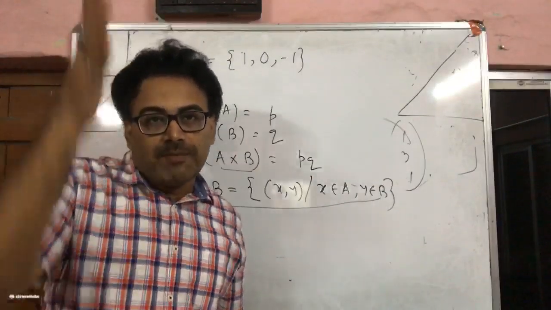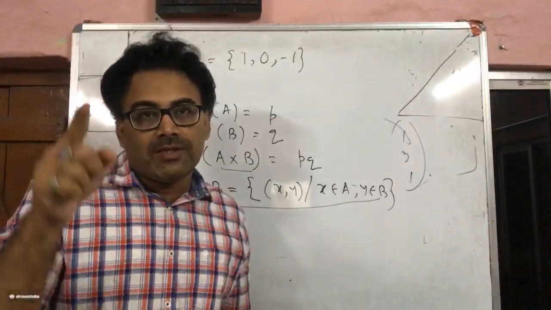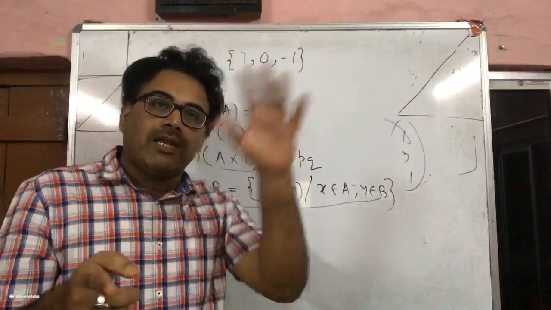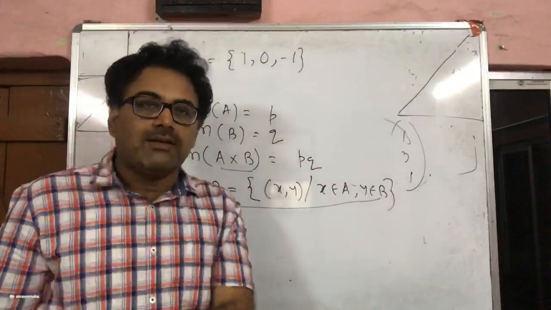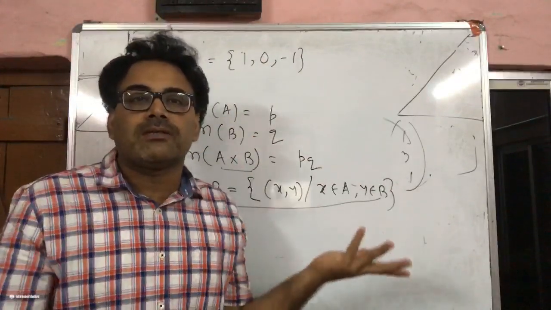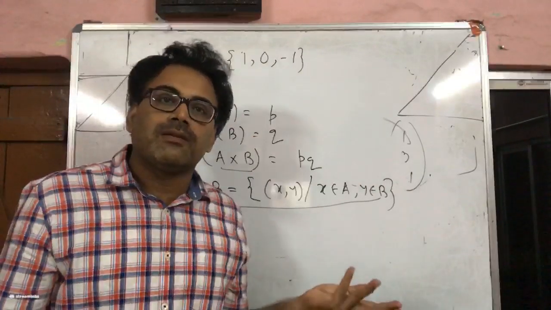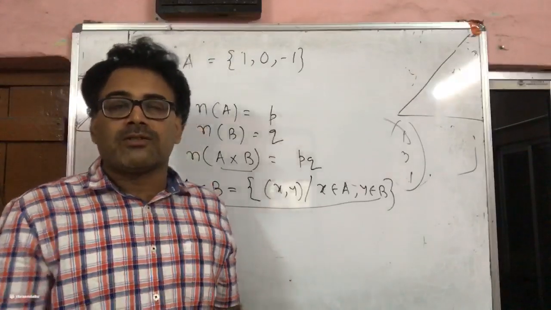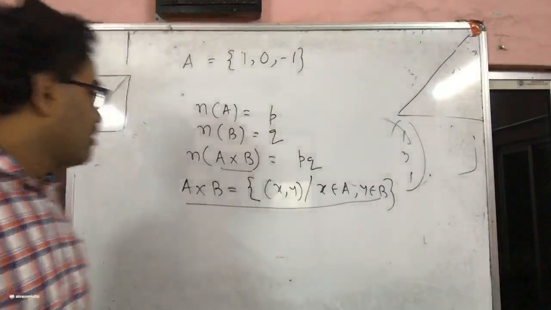And how many pairs can be formed again with 2? Again 5. In this way 10 into 5, 50 pairs. 50 ordered pairs are in A cross B. That's why PQ is given. Okay.